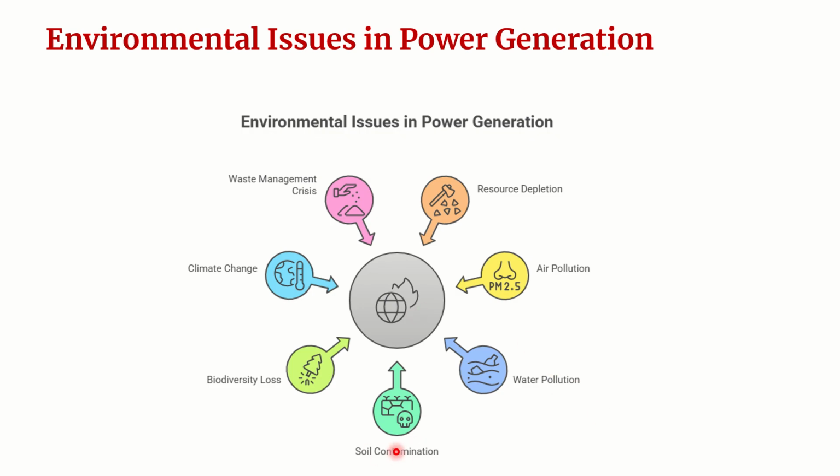Soil contamination, accumulation of toxic heavy metals, hydrocarbons, and some kind of organic pollutants in soil from industrial waste, mining activities, and improper waste disposal affects the fertility of soil and also food safety. The biodiversity loss, reduction in genetic species and ecosystem diversity due to habitat destruction, pollution, climate change, over exploitation of resources, and invasive species.